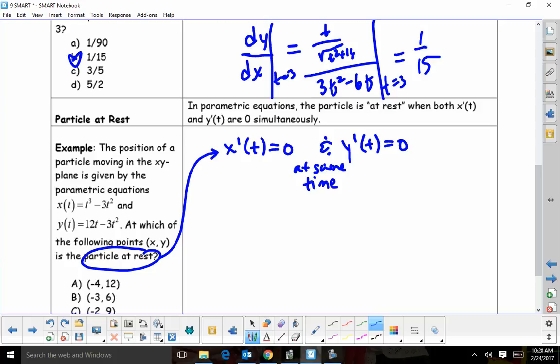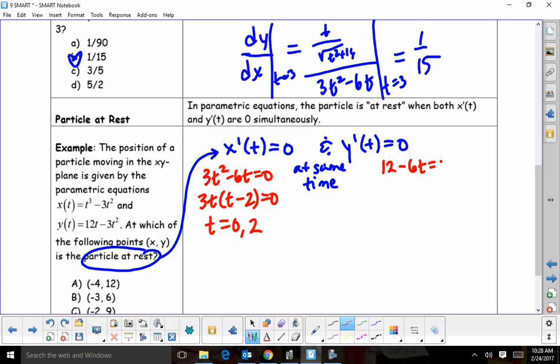So can you go solve those equations? So what's my answer?